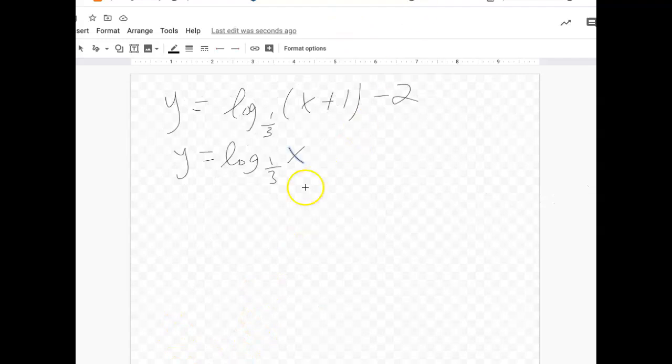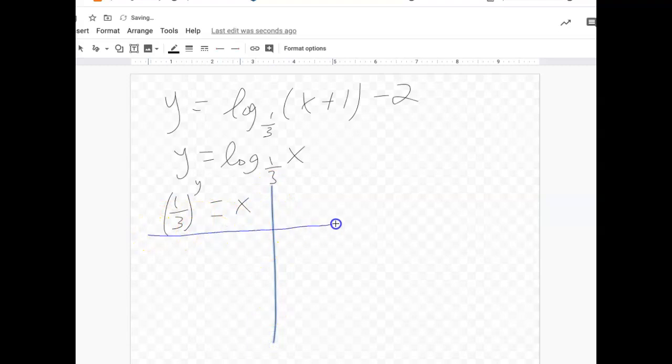And then apply the proper transformations that we know about. So in order to graph this, I need to convert this to an exponential. This would be 1/3 all of it in parentheses to the y equaling x. So this means that when I plug in numbers for y, I'm going to get x.